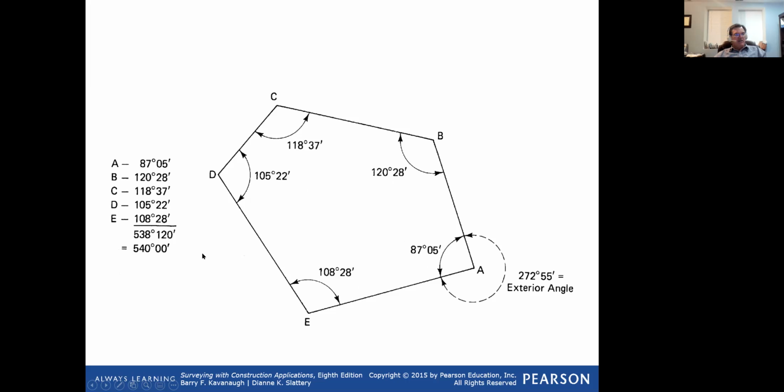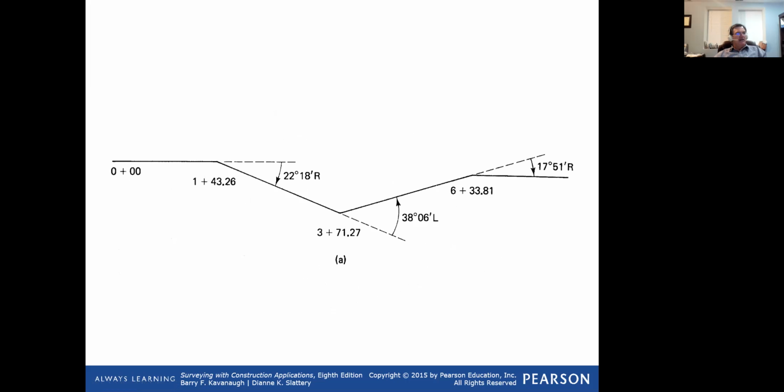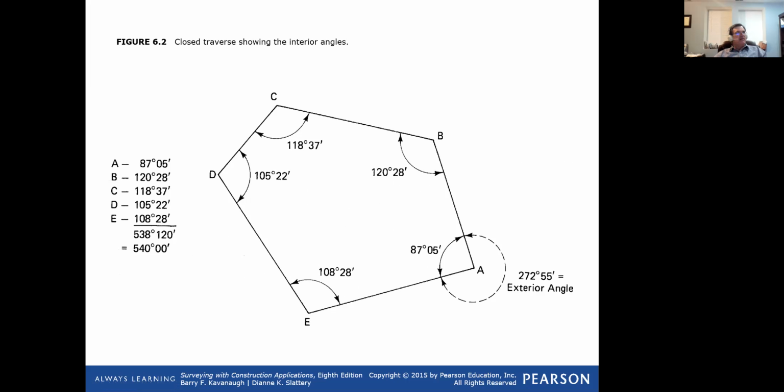You come up short by almost 2 degrees. What you would have to do is correct all these by an equal amount to equal 540 degrees. You'd have to make a correction everywhere.